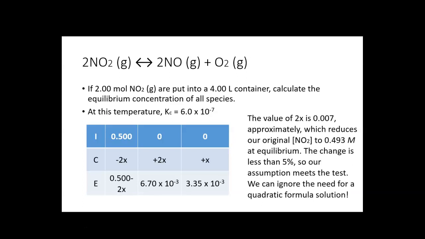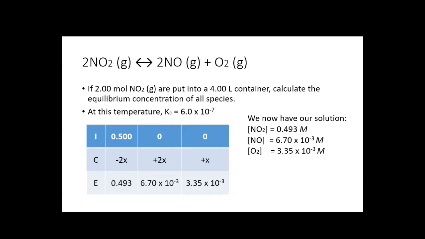Well, the value of 2X is approximately 0.007. That would reduce our original NO2 concentration to 0.493 molar at equilibrium. The change is less than 5%, so our assumption meets the test, and we could ignore the need for a quadratic formula solution.